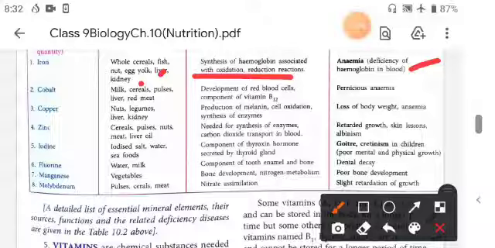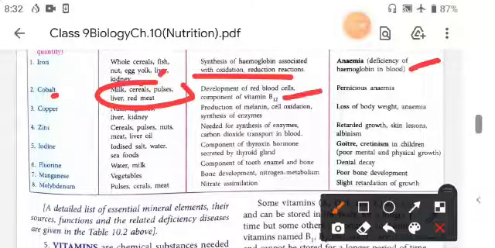Deficiency of iron causes anemia. Now cobalt is found in milk, cereals, pulses, liver, red meat. It is a component of vitamin B12, and due to the deficiency of cobalt, development of red blood cells will be affected and pernicious anemia will be there.